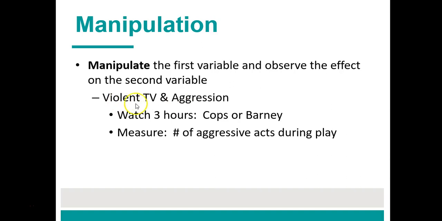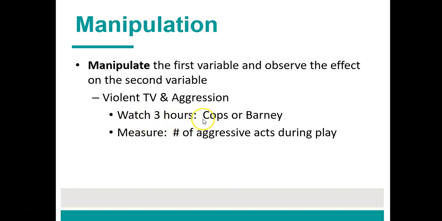If I was doing an experiment on watching violent TV and how that affects aggression in children, I would have my sample. Let's say I have 100 children in my study, and I would manipulate the independent variable, which in this case is the type of TV that a child watches.